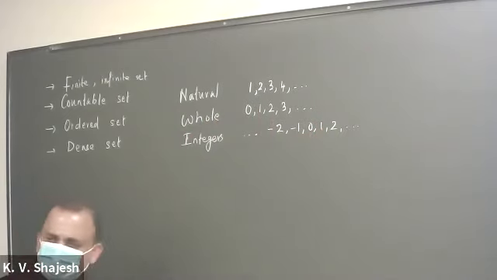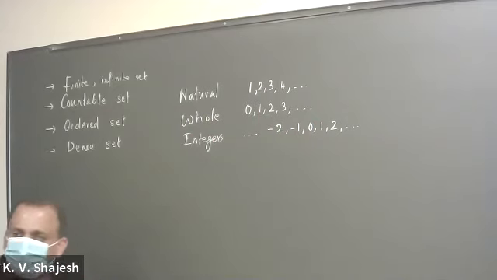And what next after integers? What are the other sets of numbers you've seen? Anything else you can think of? Rational numbers?